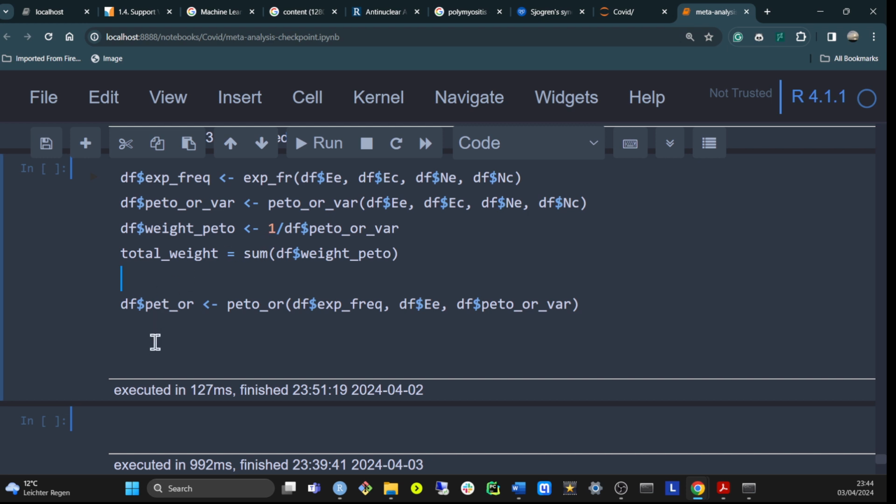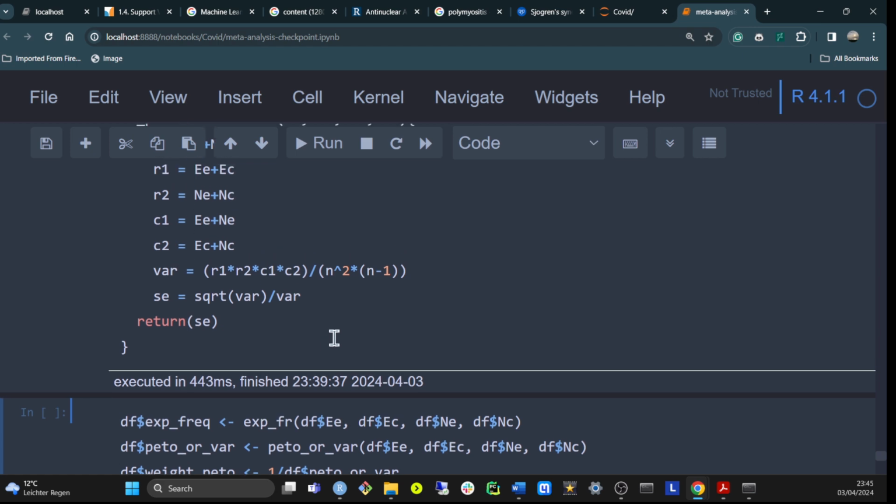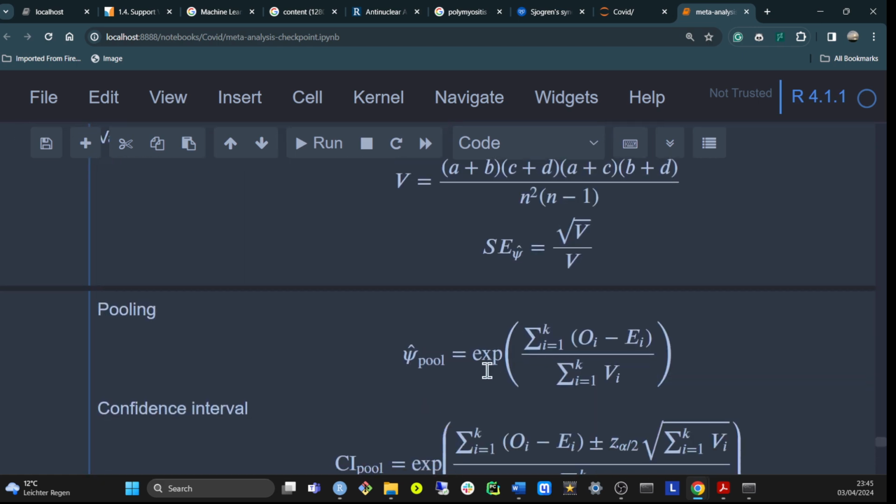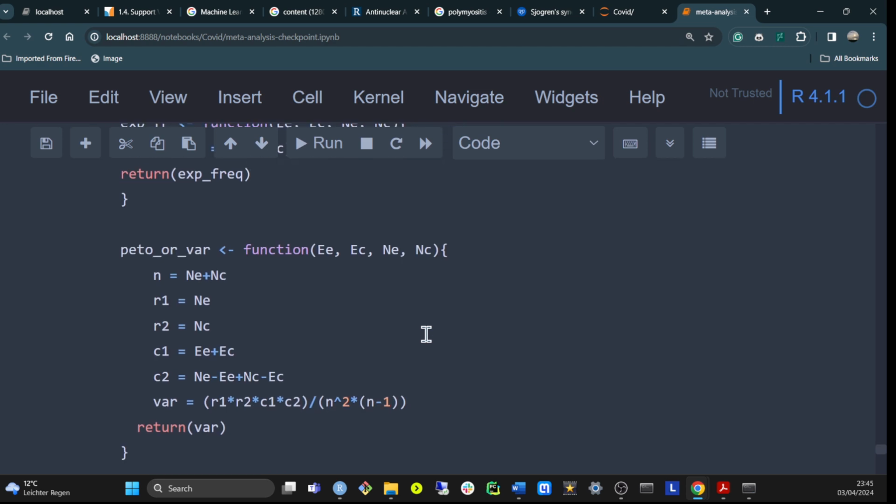So the next thing would be simply to put them in a more readable format. So let me just get the pooled odds ratio. I will just paste the pooled odds ratio, and then let me get this square bracket. I don't need the other one actually.